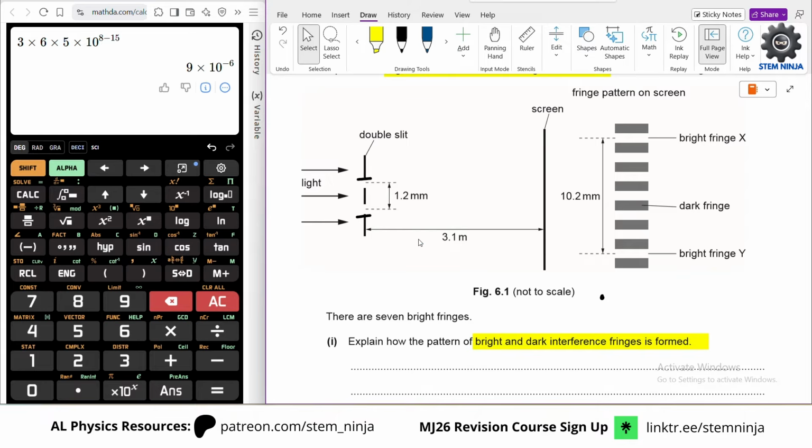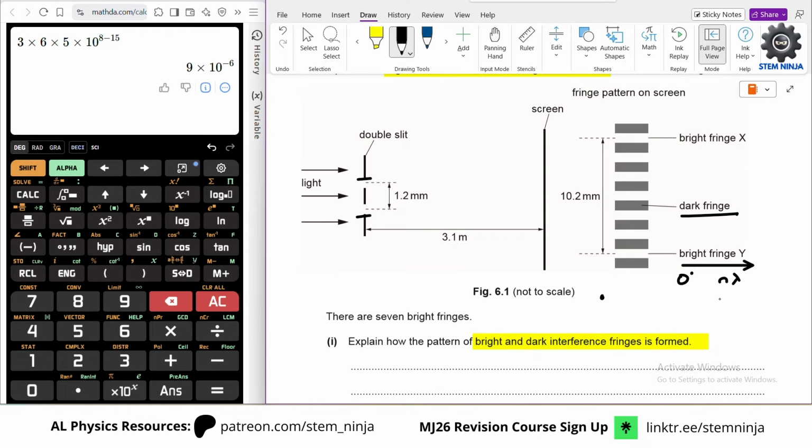Second and third points are why the dark and bright fringes happen. So bright fringes happen when the phase difference between them is 0 degrees, or the path difference between them is n lambda, where n is an integer.